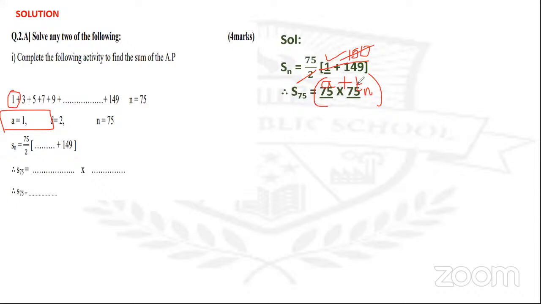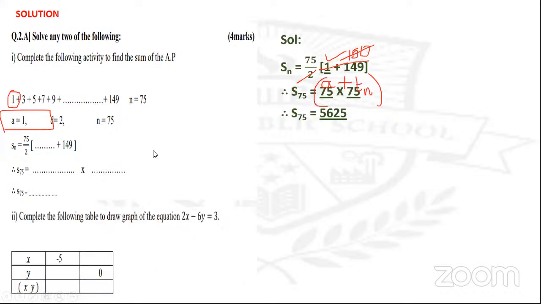You're left with 75. So the answer is 75 into 75. Therefore, S75 is 5,625. Okay, we'll just move ahead now.